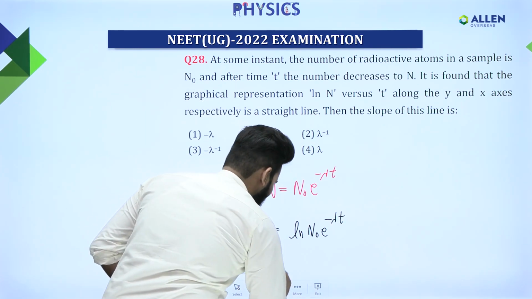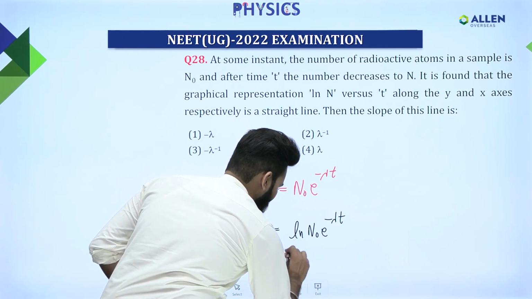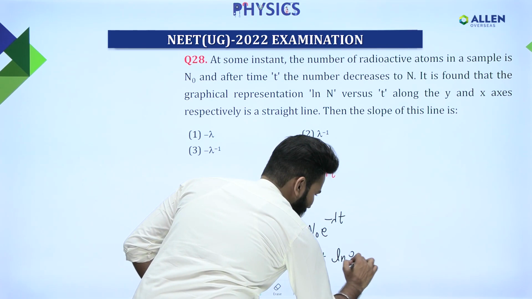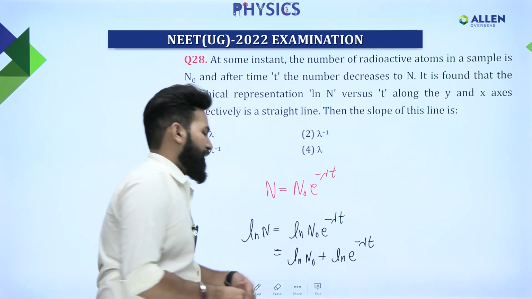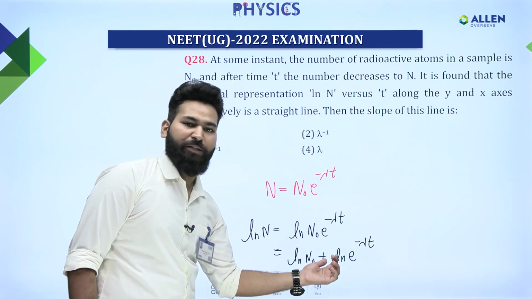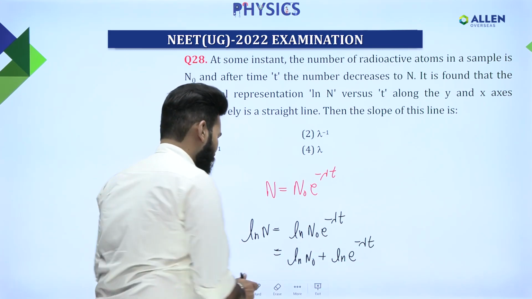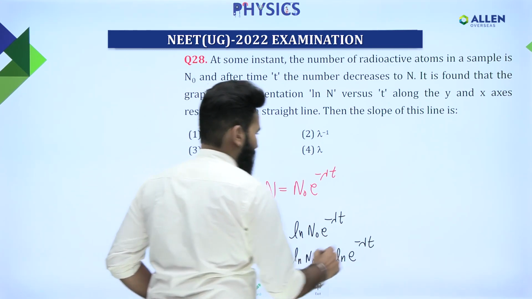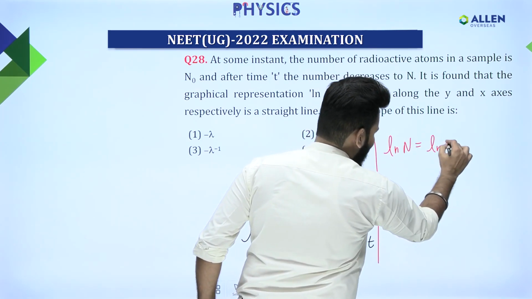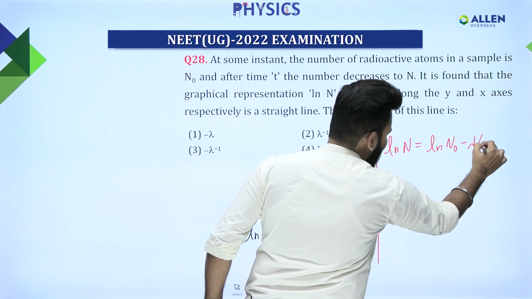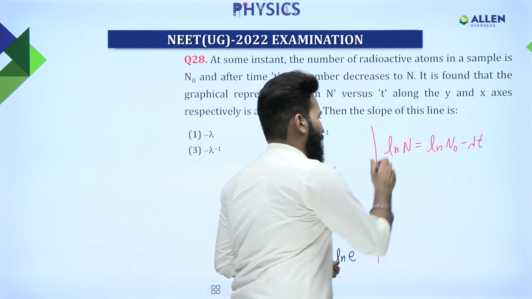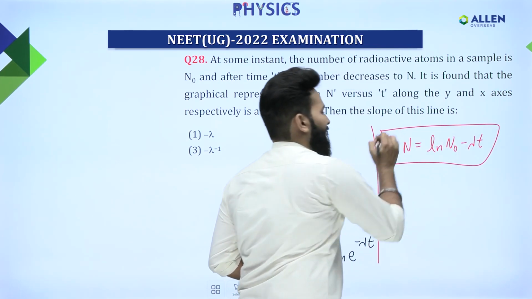So I can write it as ln n0 plus ln e raised to the power minus lambda t. Now the minus lambda t will come in the front and ln e will become 1. So ln n will be equal to ln n0 minus lambda t into ln e, and the value of ln e is nothing but 1. So that's our equation.